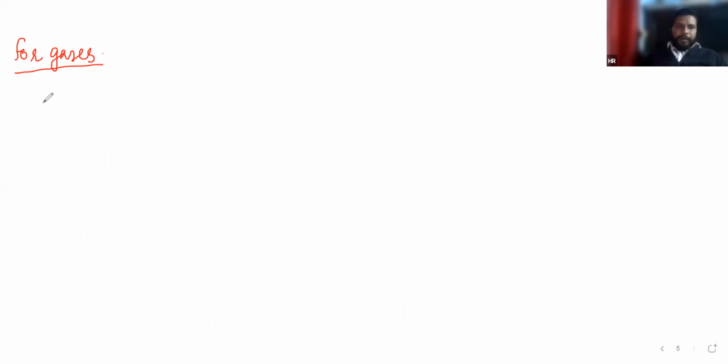Just remember it for the time being. D for gases equals MP upon RT, where M is the molar mass of the gas.